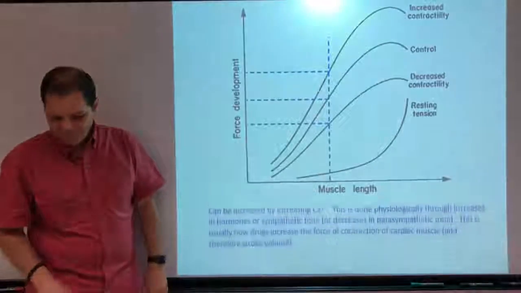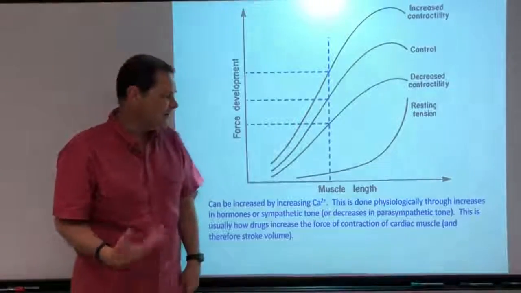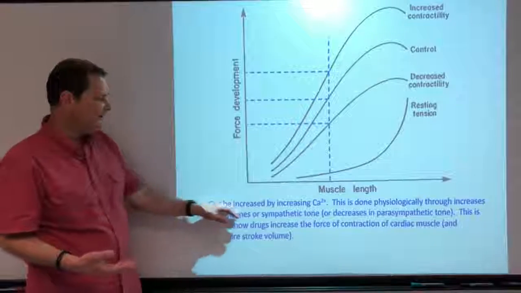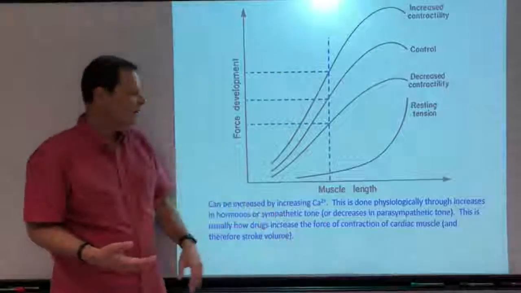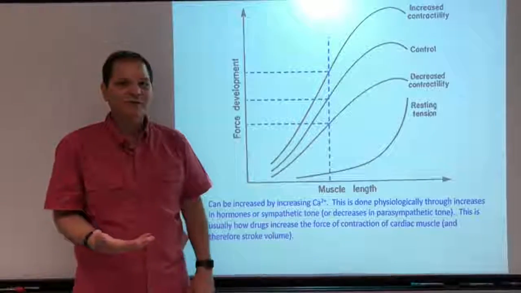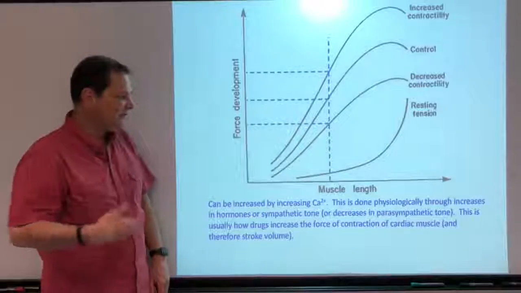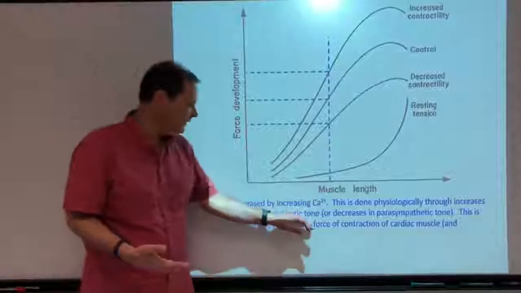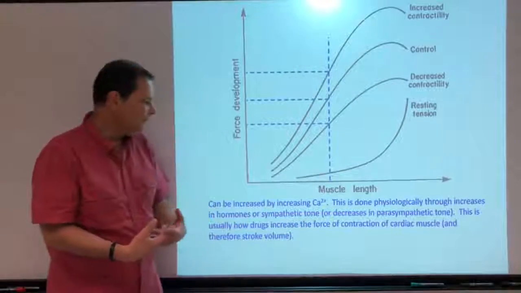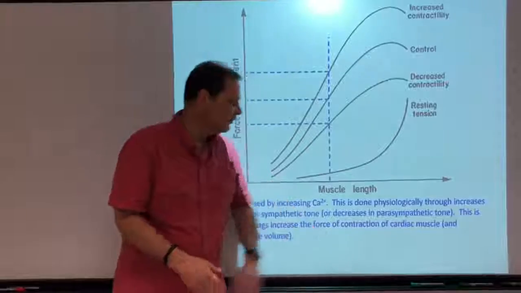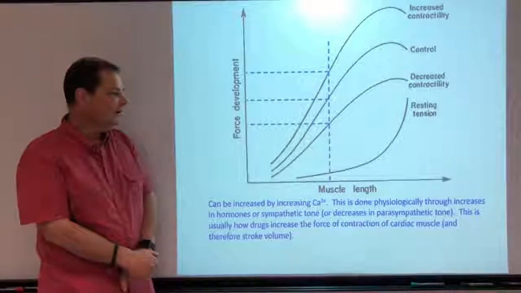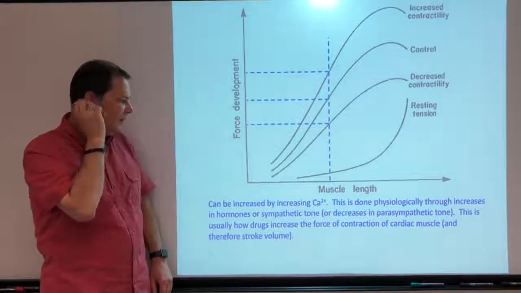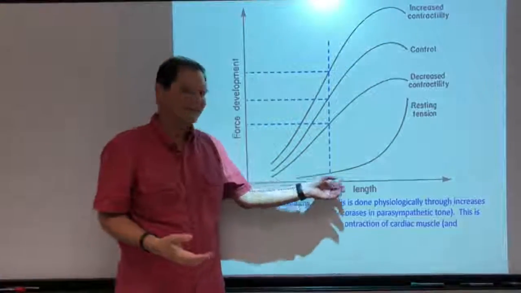Okay? So typically, particularly if we're talking about the pharmacology of the system, you're talking about an increase in calcium in the cytosol causing an increase in the force of contraction that would be characterized as an increase in contractility. So if you get an increase in certain hormones, or if you get an increase in sympathetic tone, or a decrease in parasympathetic tone, if you're talking about atrial muscle, then that will cause an increase in force of contraction at the same muscle length.